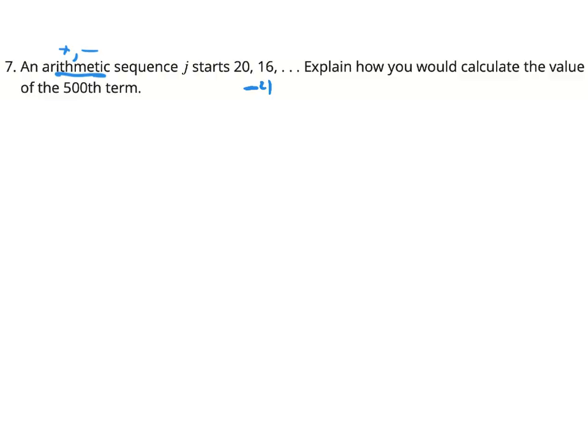So I'm going to start the blue one at 0. I'm going to call this term 0. So my J of any term would be 20 minus 4 to the n, as long as n is greater than or equal to 0.